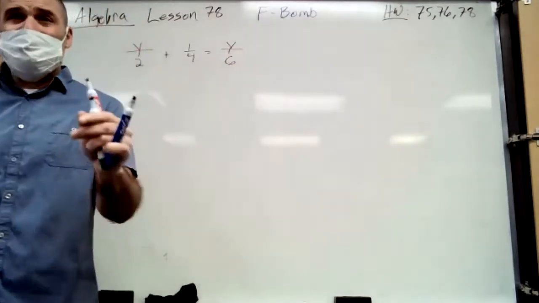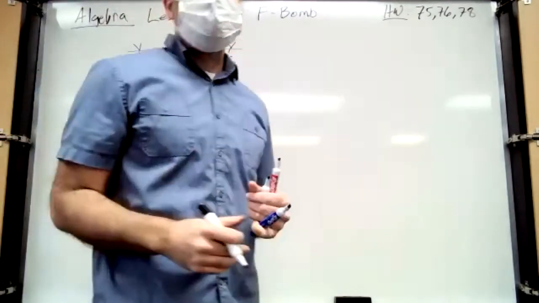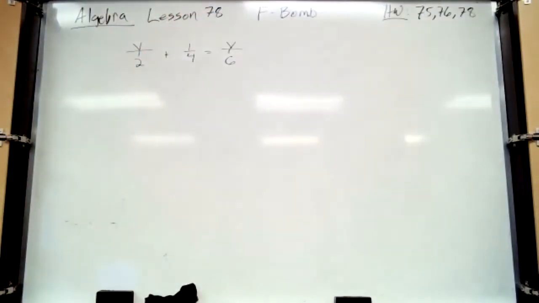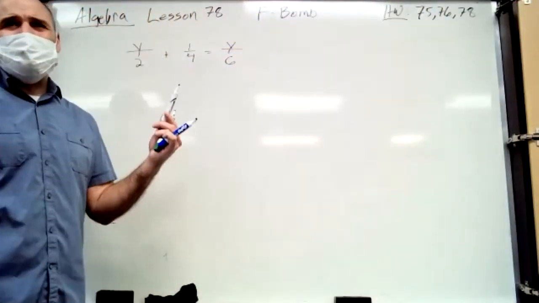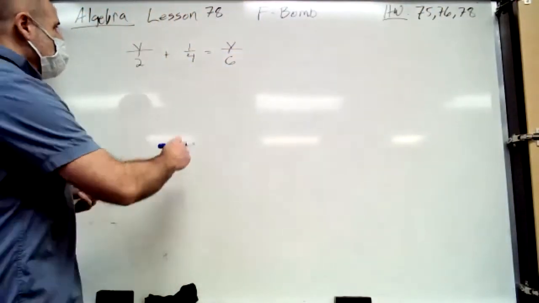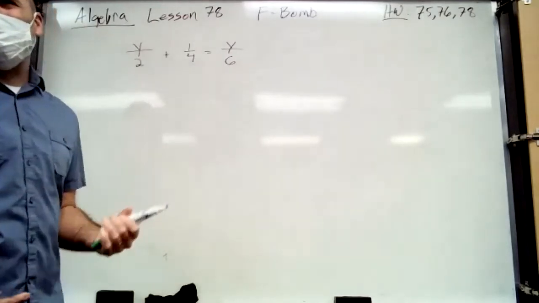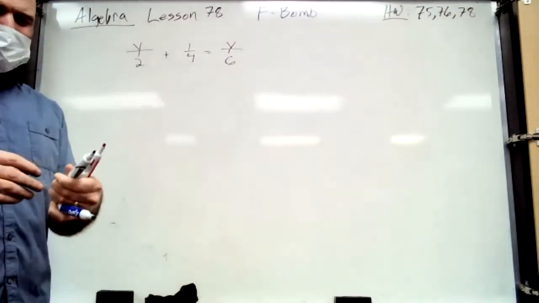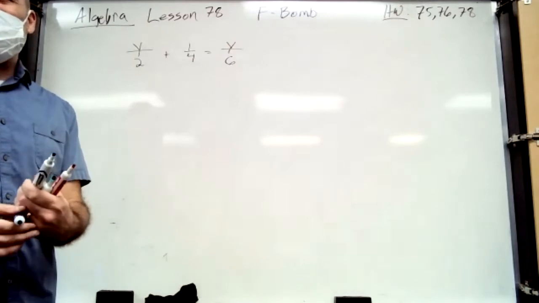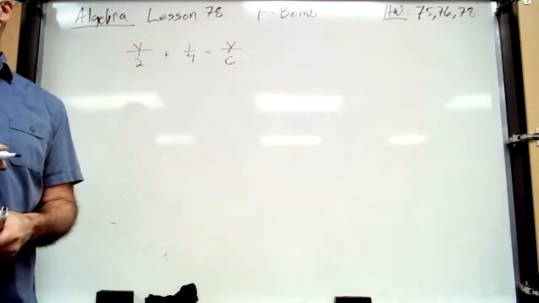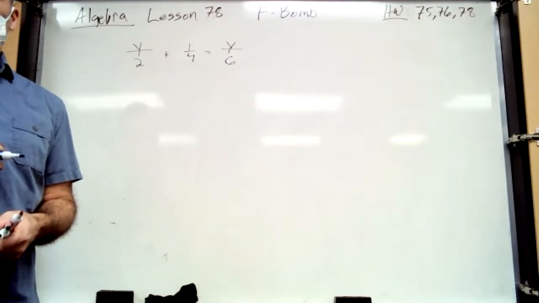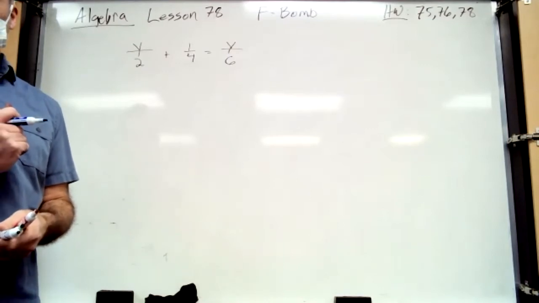So far, so good. Now you could figure out how to solve this right now. This lesson is just a shortcut. Really, we just need common denominators. We've got y's on both sides, so we have to get rid of the smaller one. But for now, what we could do is just get a common denominator for all the fractions. What's the common denominator for 2, 4, and 6? 12, right?